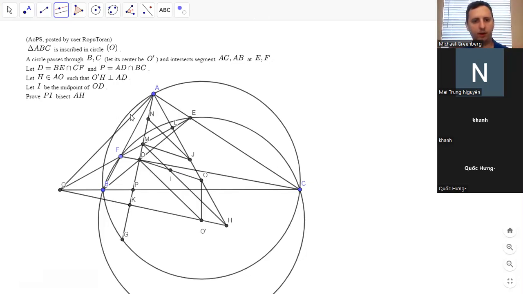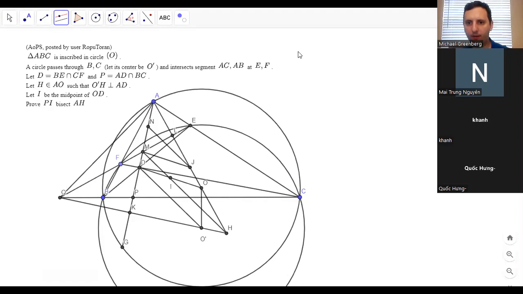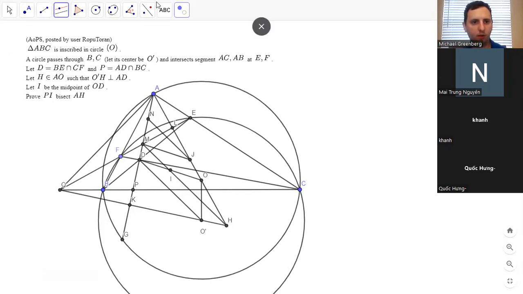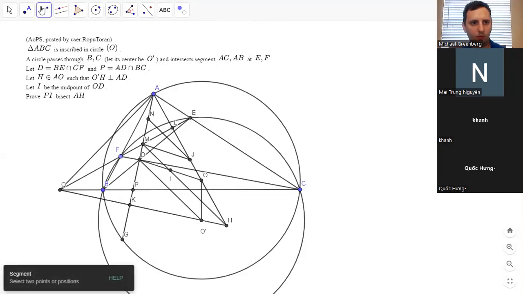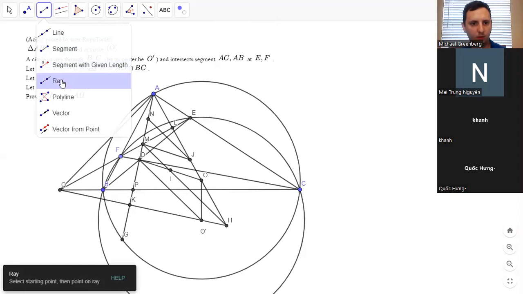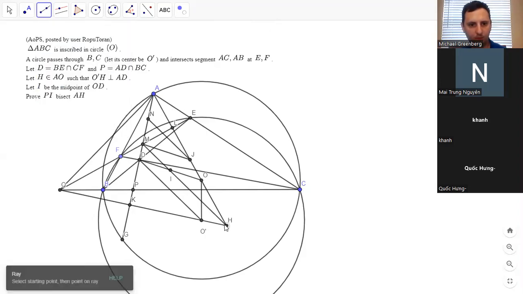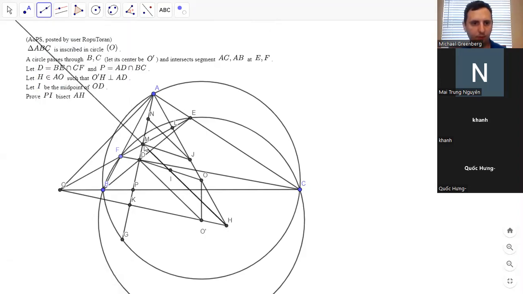And then, yeah, NJ is parallel to... Okay. Let MH intersect AQ at U. U is the foot of the altitude.